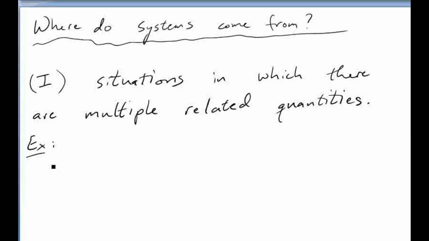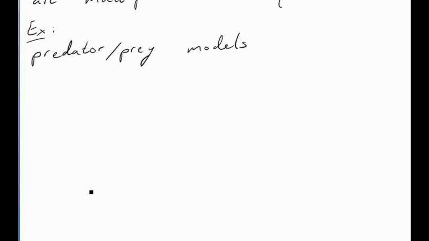And some classic examples would involve, for one thing, predator-prey models. In particular, this is a classic example of a differential equation, the Volterra-Lotka equations for predator-prey models, which we'll be exploring in a project actually in this class, but which we can introduce here.